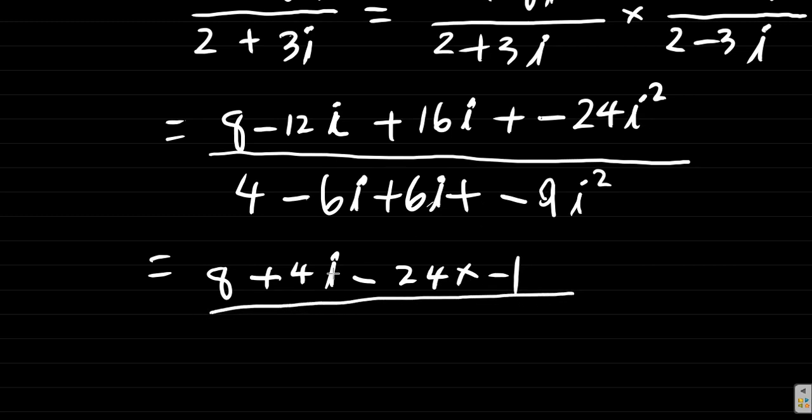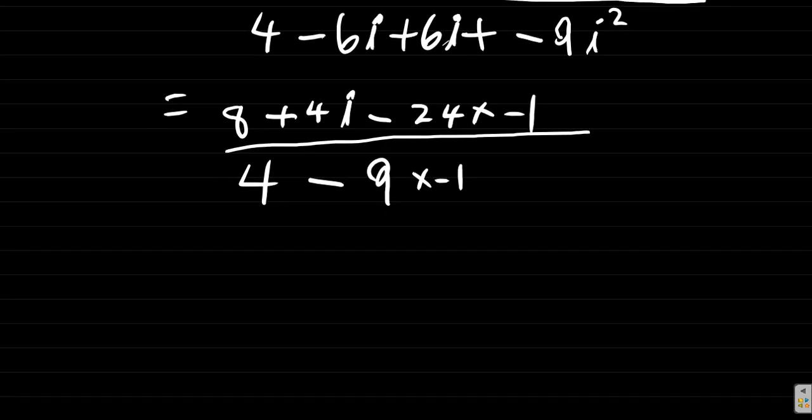Over 4 minus 6i plus 6i is 0, that is gone. Then we have minus 9i squared. But guess what? i squared is negative 1. See that? So what you have is 8 minus 24.